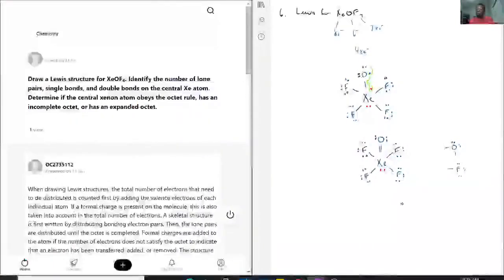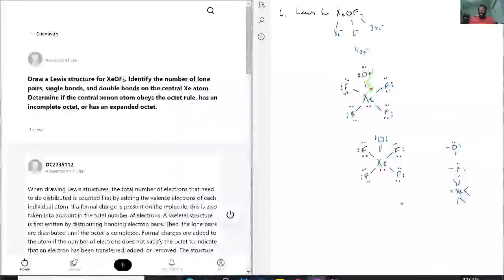And now xenon's a little bit tricky. Xenon for neutral has 4 lone pairs. But we can expand this further, where based on the lone pairs, we're not replacing them with a whole bond, but we're making each one a bond. So we have 1, 2, 3, 4, 5, 6.